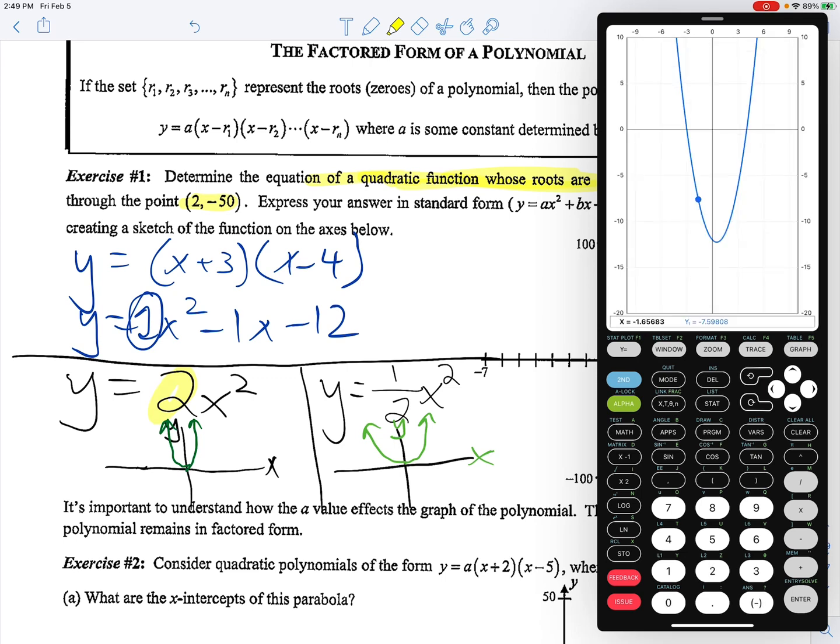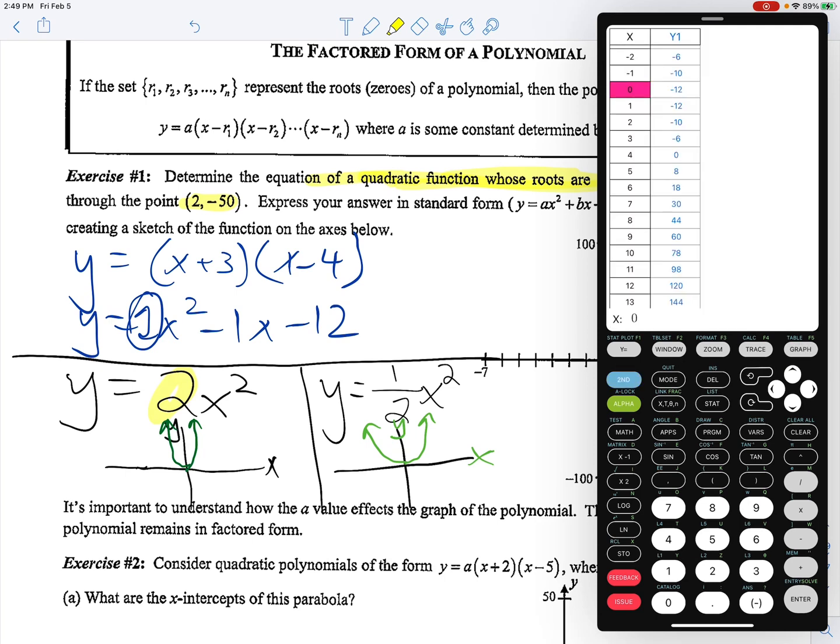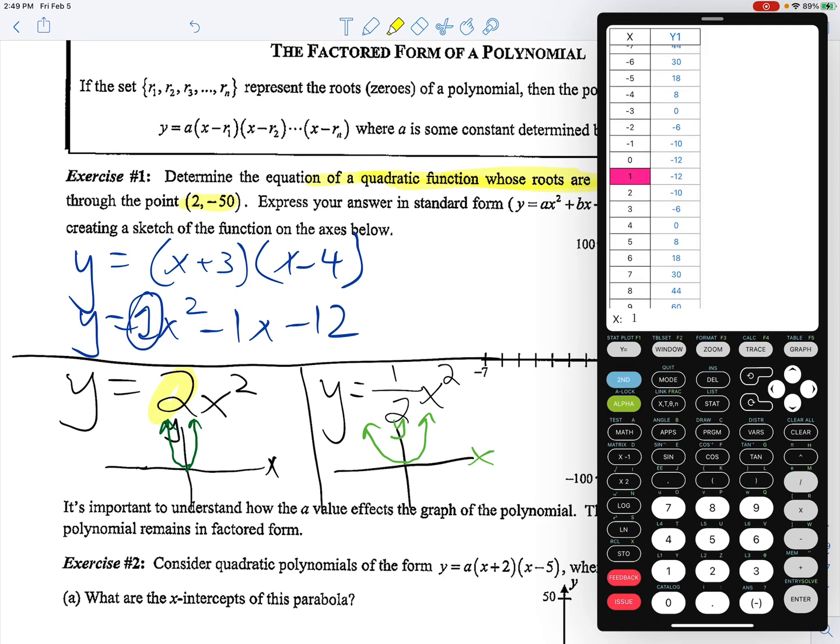2, negative 50. I don't know about that. Let me see. So this is what I mean. When x is equal to 2, I'm nowhere near negative 50 for y.